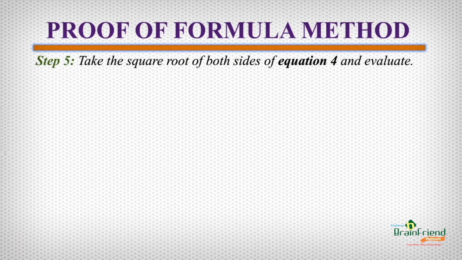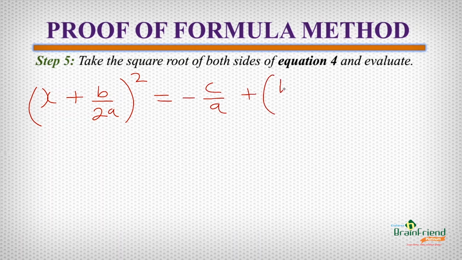Our step 5 now is to take the square root of both sides of equation 4. Remember, our equation 4 is x plus b over 2a all squared, and that is equal to minus c over a plus b over 2a all squared.